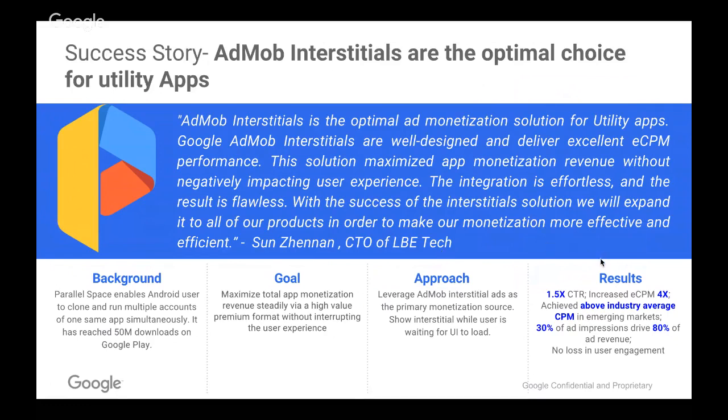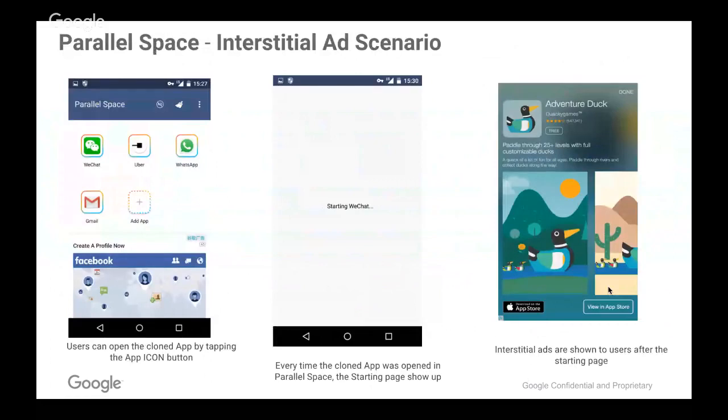Here you can see that after they implemented interstitial, they witnessed an increase of eCPM of around 4 times. They also don't see any loss in user engagement, with click-through rates almost increased by 1.5 times. So what is the placement like?